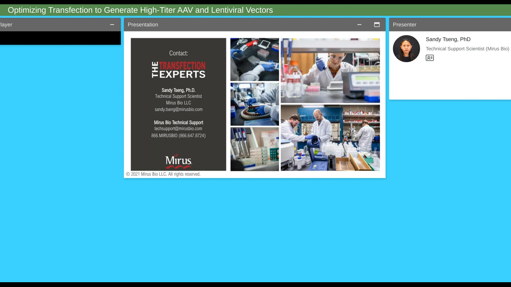So if your culture volume is 25 milliliters, 10% of that would be 2.5 milliliters. And we've done some experiments where we drop that down to 5% rather than 10%. And what we find is the complex size grows a bit quicker. So if you do want to play around with your complex formation volume, you might also want to think about how long you're allowing those complexes to form.